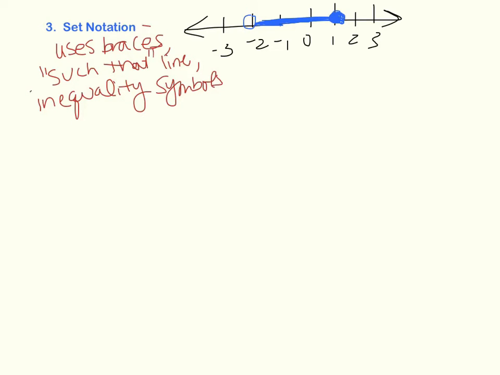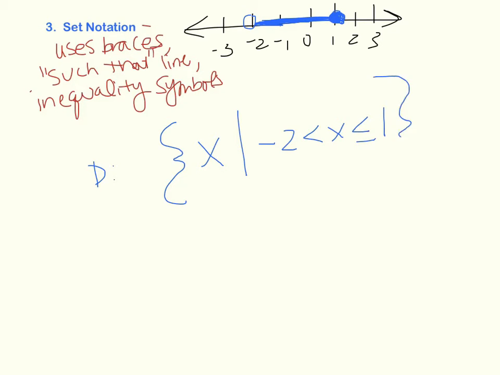So reading this again from -2 to 1, not equal to -2, we would write that our domain is, we have a brace, and we would say the set of all x's, that's what that means, such that -2 is less than x is less than or equal to 1. Close the brace. So let's say that again.